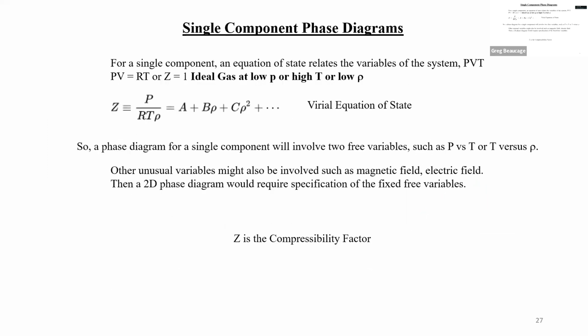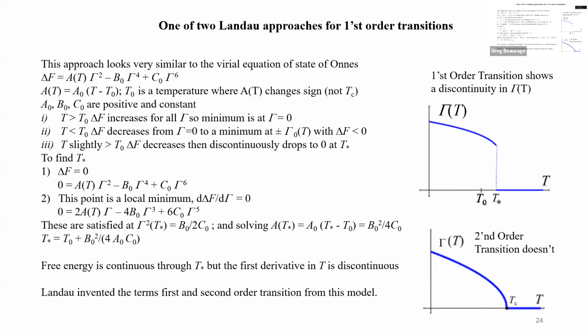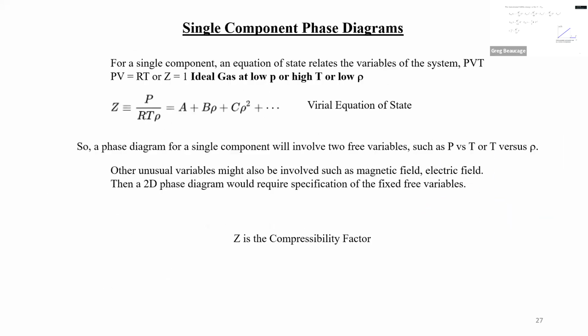All right, so for this homework, you don't actually need this. This is just defining first and second order transition. The homework does involve this compressibility factor.